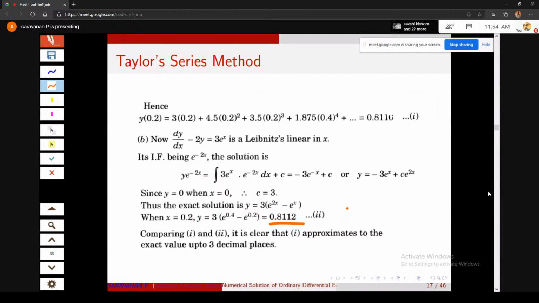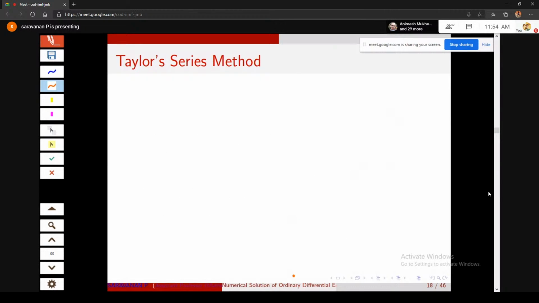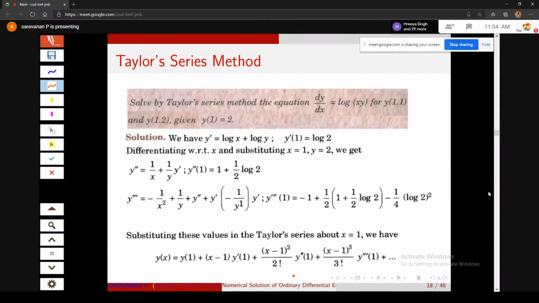Okay, but here the answer somehow coincides, but the better method will be what I told you earlier. So maybe if you do it in that way, you will get 0.8117 or 0.8118, something like that. That will become more or less this one. Okay, that's all.